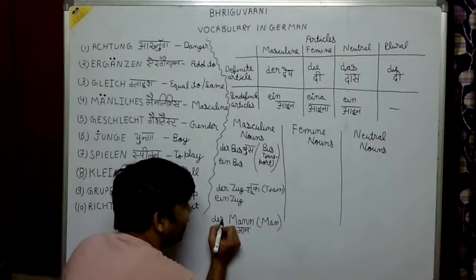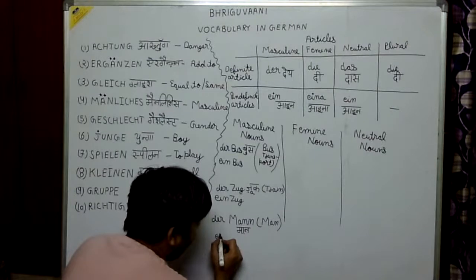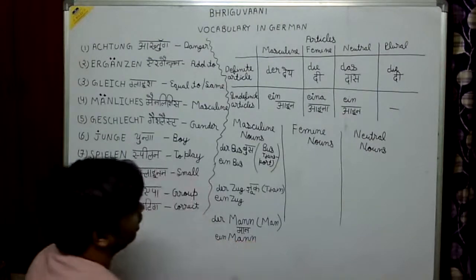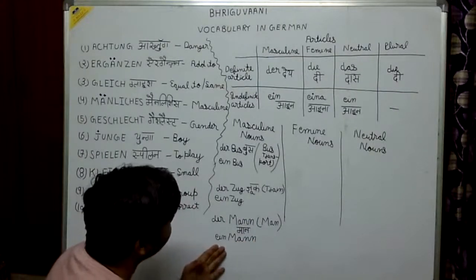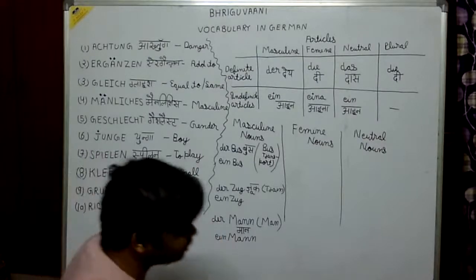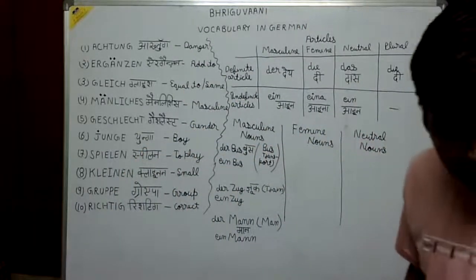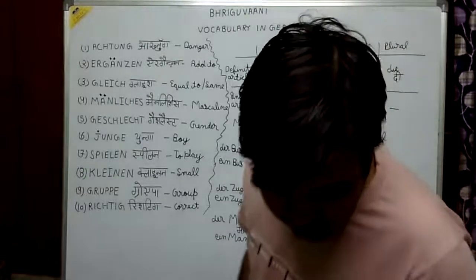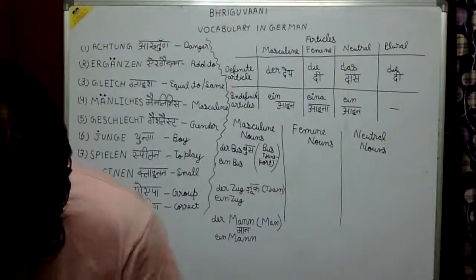So we'll say der Mann, or ein Mann. If it's indefinite, we'll say ein Mann, and if it's definite, we will say der Mann. Is it visible to everyone? Yes, it's visible.